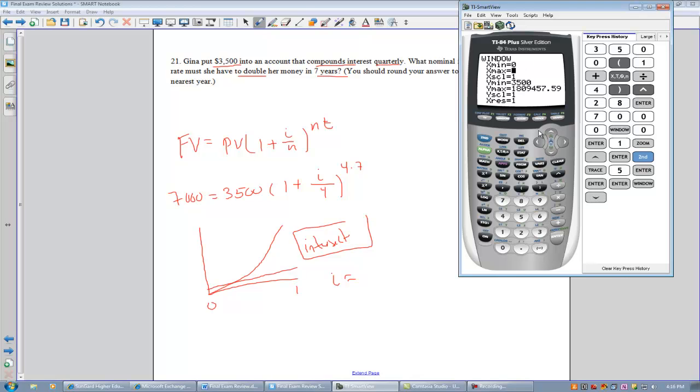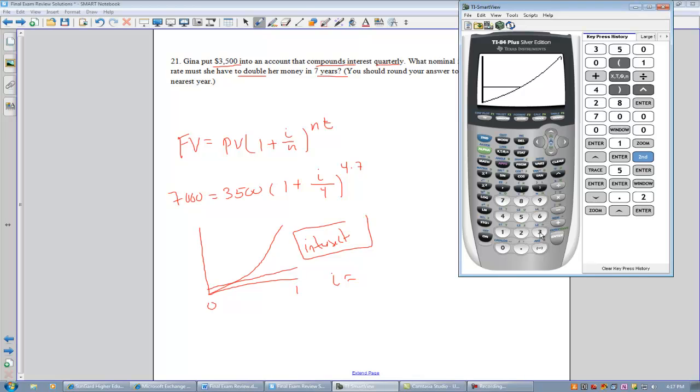I can move it up or down, but I'm actually going to change my x max, because it's probably somewhere between 0 and 0.2. So I'm going to try that first and see if I can see the answer from that. I really don't need to go to 1. 1 is 100% interest, which basically you're never going to get. So let's try 0 to 0.2 and see if that gives me an answer where I can see it.